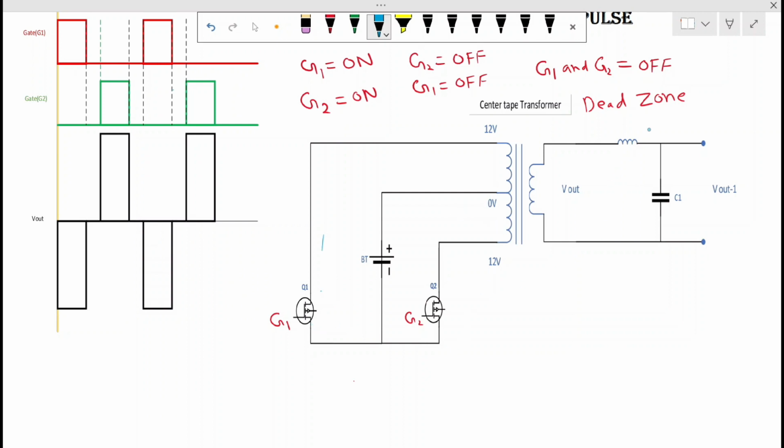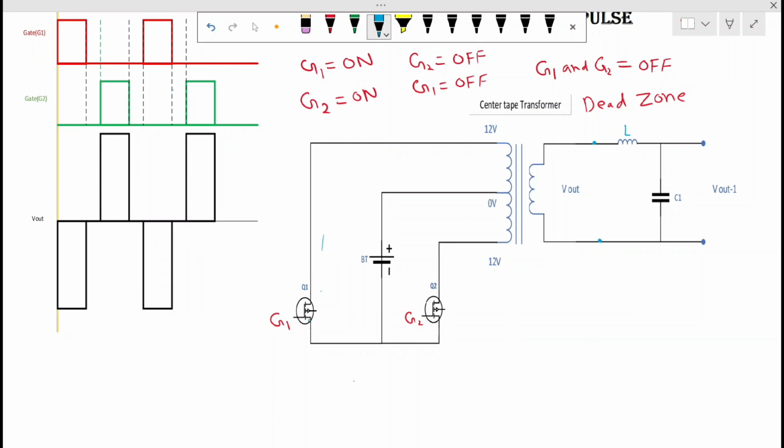In this section you can see one small inductor and capacitor I have placed, that I will explain later. Before that, just see the output waveform. Assume that these two are not connected. Up to this point you will see the output that is coming.